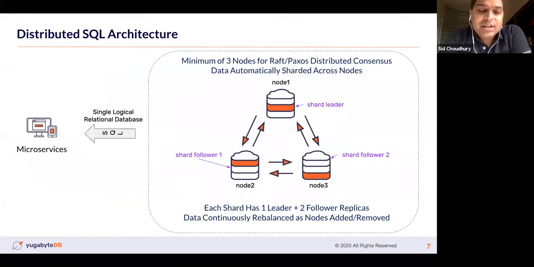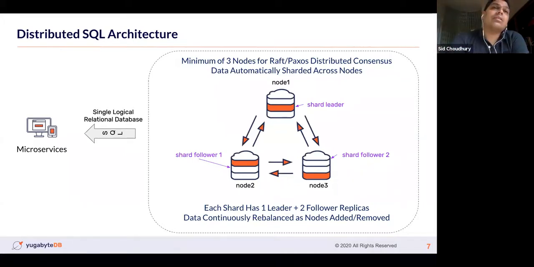From an architecture standpoint, there is a minimum of 3 nodes in the database cluster, and each node stores part of the data that is present in the database through what is known as sharding or partitioning. Sometimes that's the word that is used. These shards are also replicated 2 more times into different fault domains. In this case, each node is a fault domain of its own.